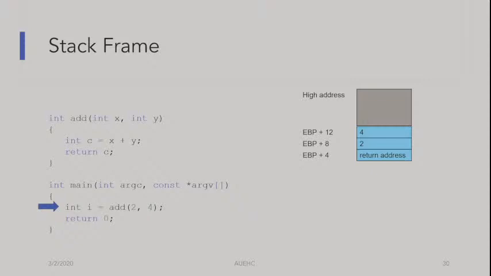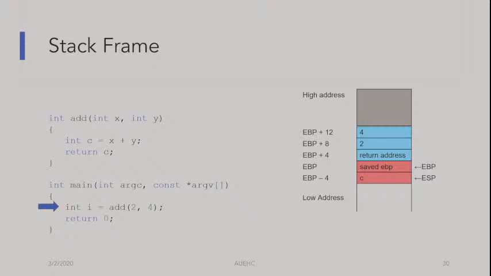Why do we need the return address? Cool. Okay, and then you save EBP of what? The previous function, correct. Why? So we can get back to the function call basically.